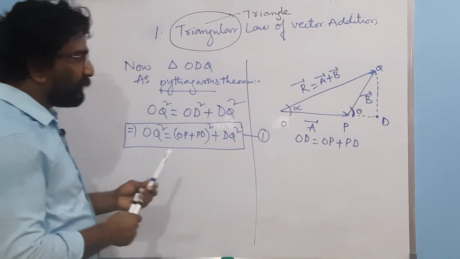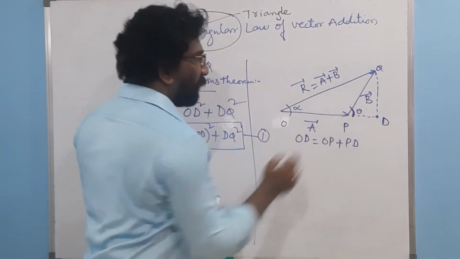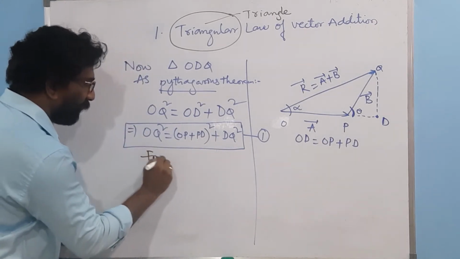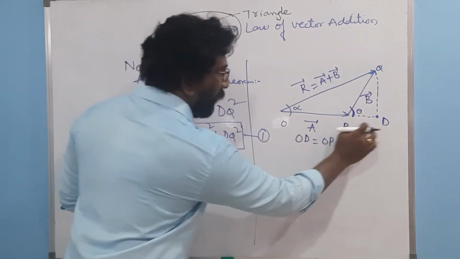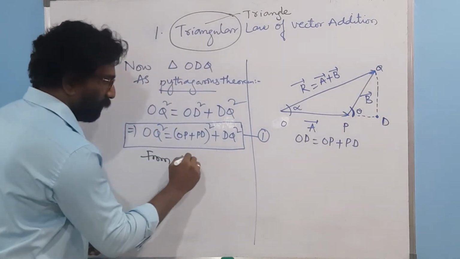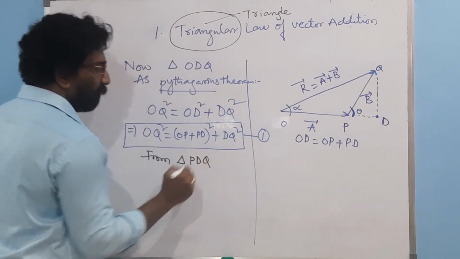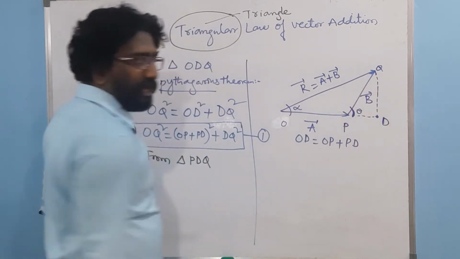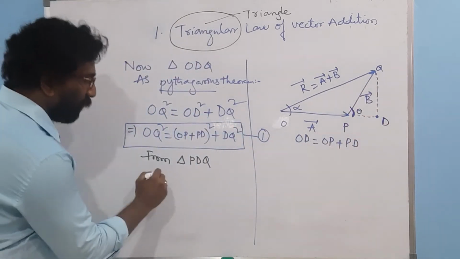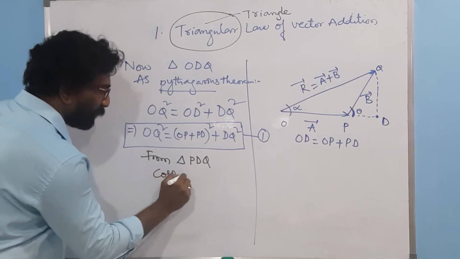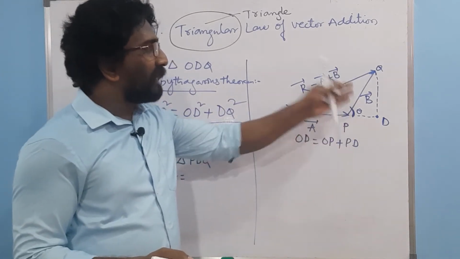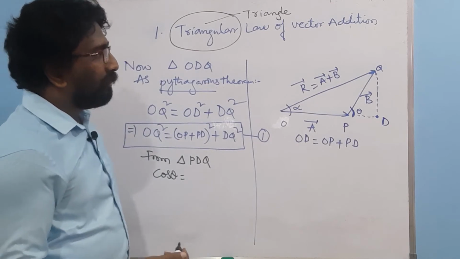Then from triangle PDQ, I can take the form of cos theta. What will be cos theta? We know from trigonometry that cos theta is adjacent over hypotenuse.